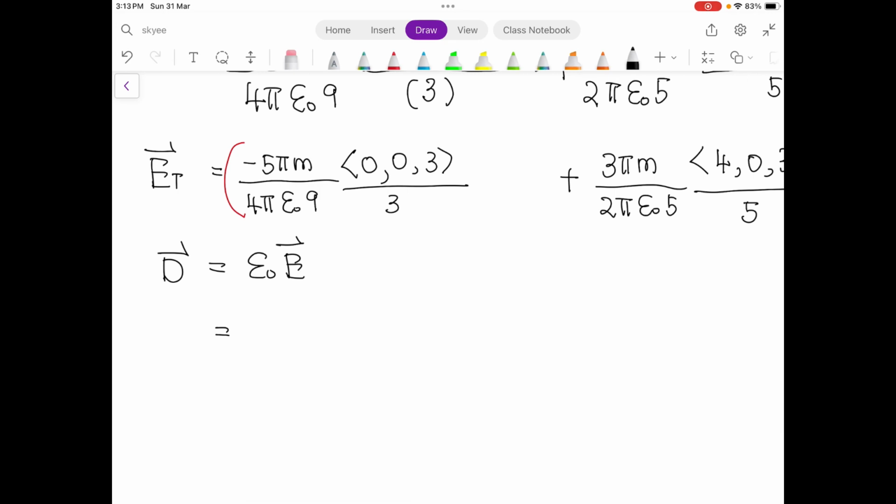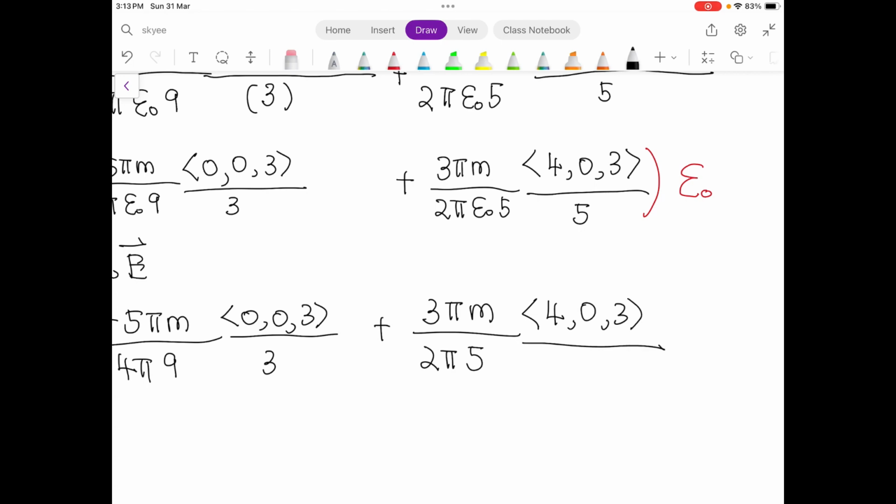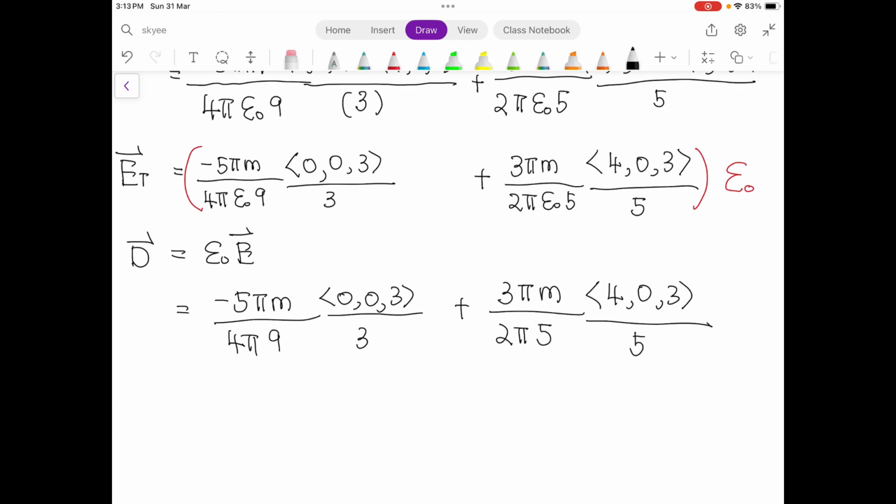Which is equal to the same thing over 4 pi, but the epsilon naught is missing, because you multiply over here.